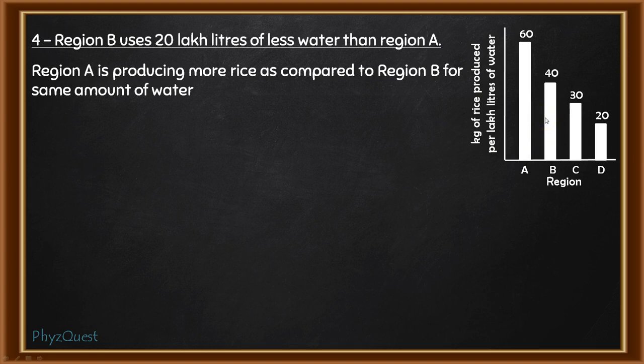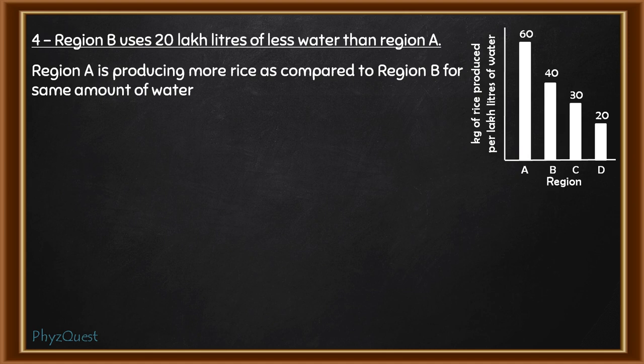So that means region A is producing more. Now here actually the comparison is not between the rice production. The comparison is between the water consumption. So in order to compare the water consumption, we have to find out, for a fixed amount of rice, the amount of water used by both the regions.